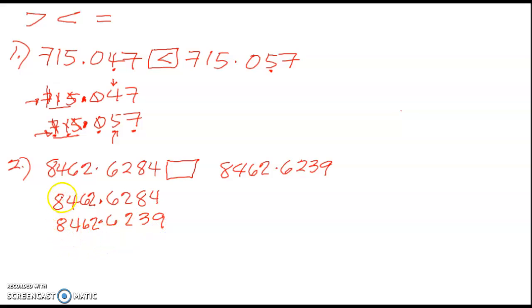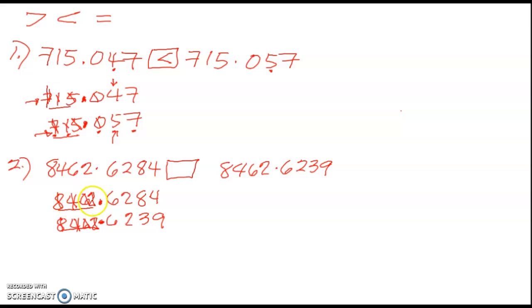Okay, so let us compare now. These are aligned. Decimal points should be aligned. So we have here the thousands place are the same, the hundreds place are the same, the tens place are the same, and the ones place are the same. In other words, the whole numbers are the same.